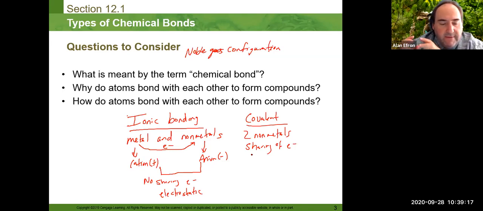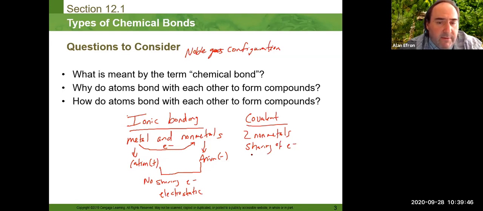A lot of that is about what we were talking about in that last chapter, those periodic trends, because when a metal and a non-metal get together, they have very different trends in terms of how they want to hang on to electrons. As we talked about, metals pretty much want to give away their electrons, and non-metals pretty much want to accept electrons. So when those two get together, you get that transfer of electrons from the metal to the non-metal.